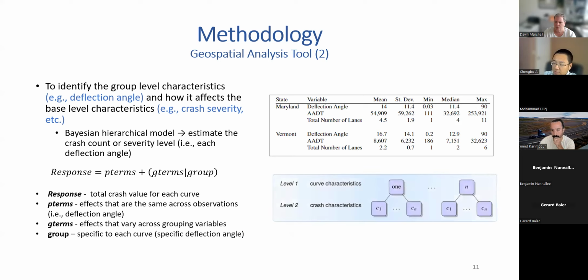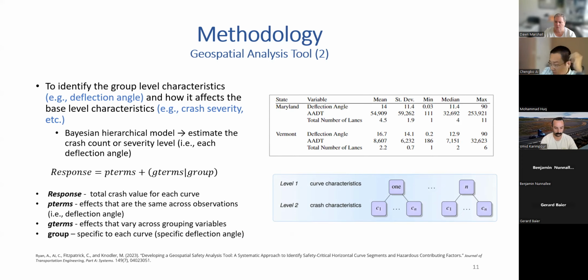The curve characteristics will link to the different crash characteristics. What we want to understand is whether, by this curve characteristic, a bunch of crash characteristics go under it, which means that at the root there is something to do with the grouping effects. And then we want to know where the concentration of those grouping effects would be.